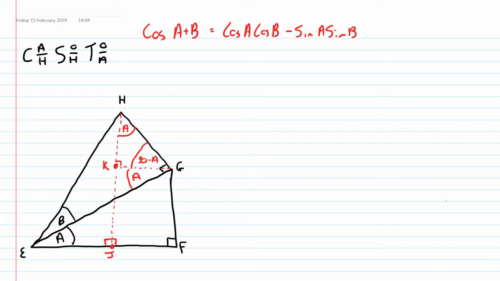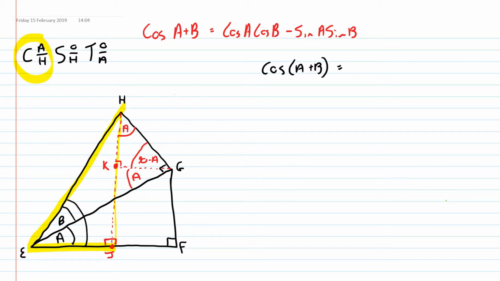And now I'm going to start with cos(A + B). So that's here. Okay, so we're looking for that, the whole angle. What does that equal? If we look, cos is adjacent over hypotenuse. So I'm going to concentrate on this triangle, E, J, H, and I'm going to label the sides of it.